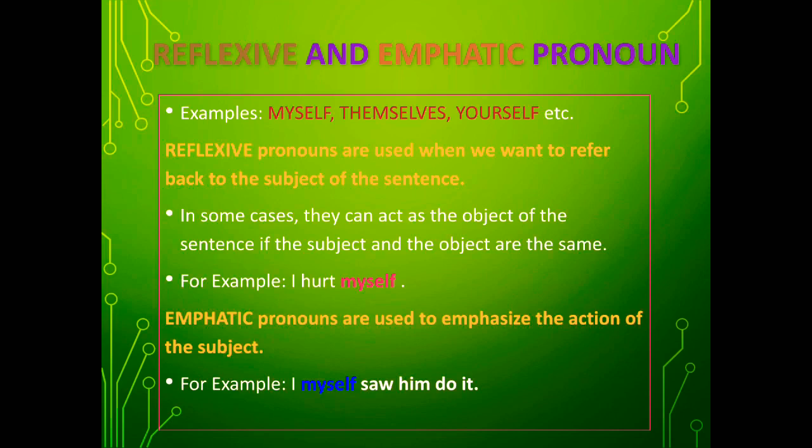Look at the example. I hurt myself. Here, the word myself is used to refer to the subject, and here the subject and the object are the same. So, myself is the reflexive pronoun.